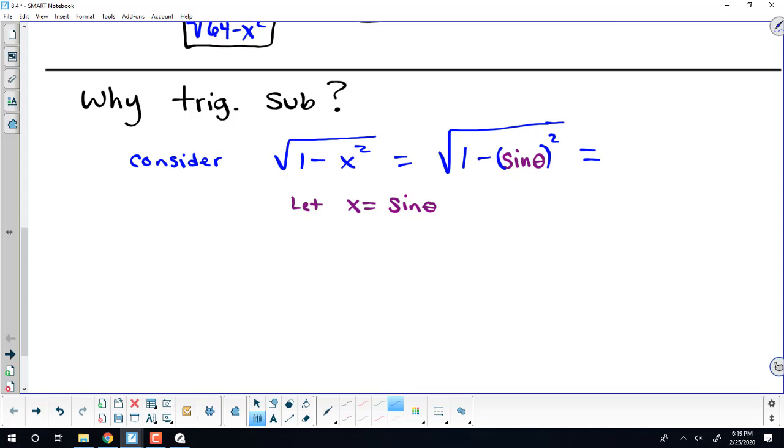And what is equivalent to 1 minus sine squared? It's cosine squared, right? Now we've turned a difference of squares into a single square, so now you can take the square root of that. In short, that's why we want to use trig substitution.